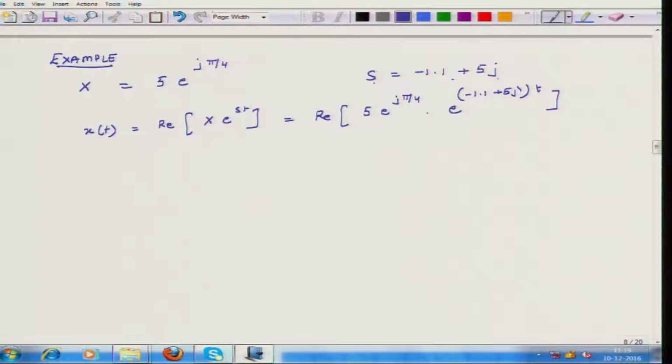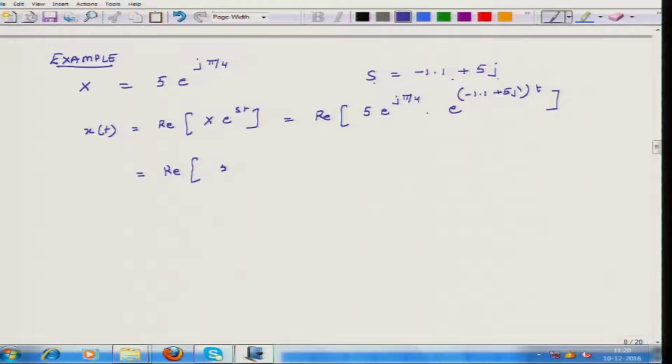Now I reorganize my terms, taking the real and imaginary components separately.